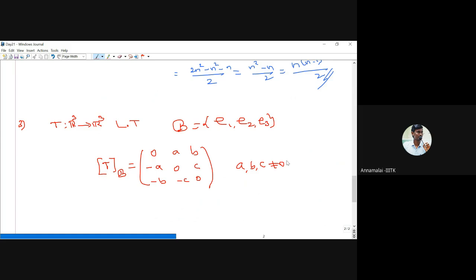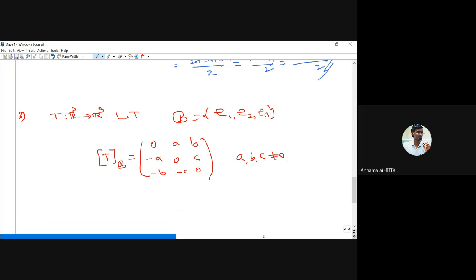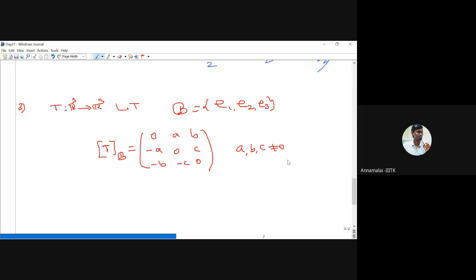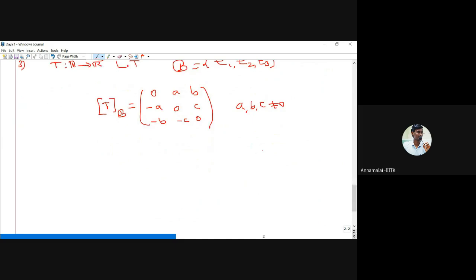Now the question is, what can you say about the linear transformation T? Is T one-one, or onto, or what is the rank? Look at the matrix. This matrix is nothing but a skew symmetric matrix, so T equals minus T transpose.